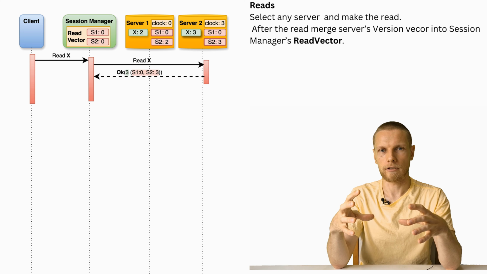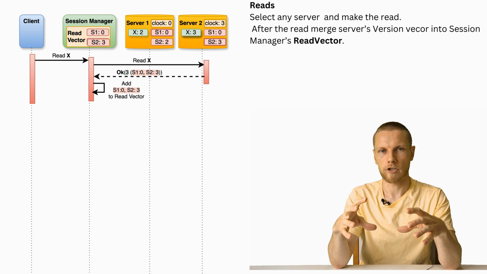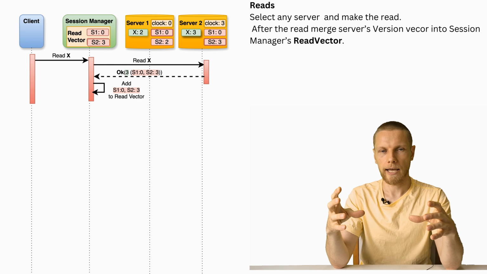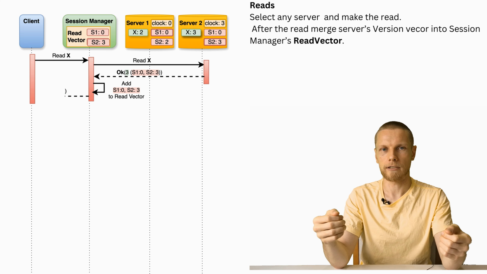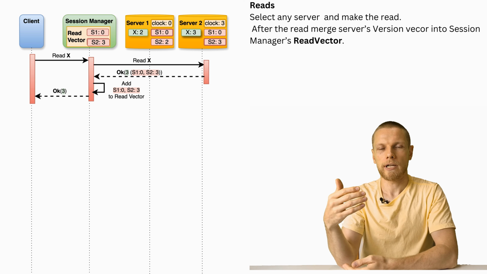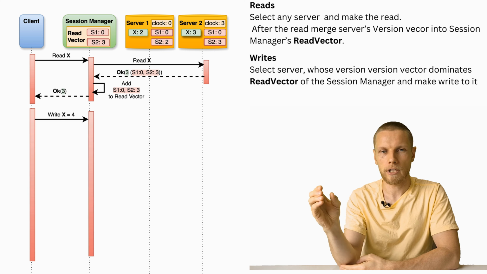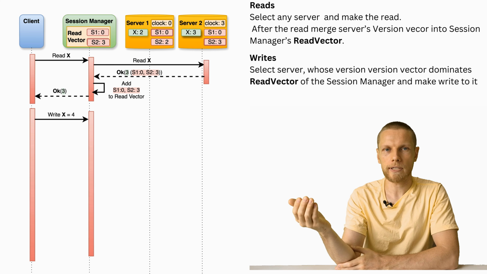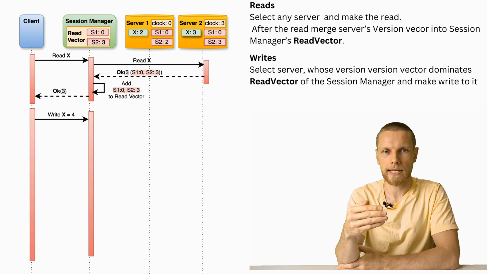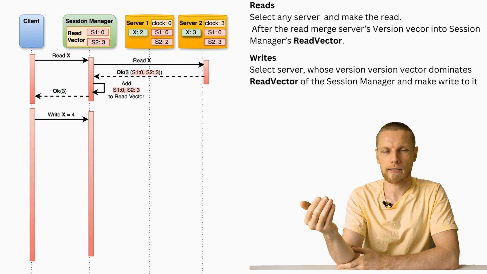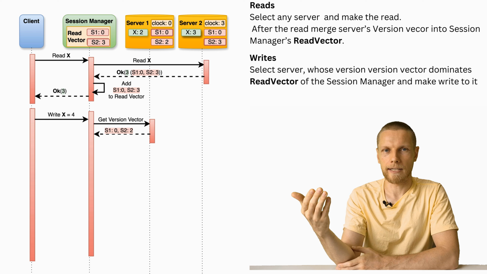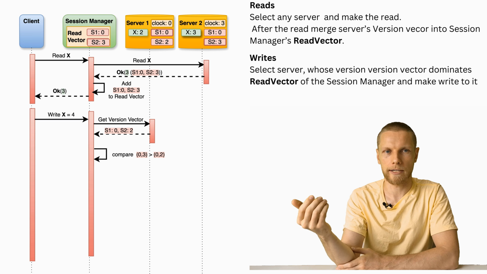This version vector is stored by the session manager in its read vector, and now during the write, the session manager has to ensure that it makes the write to a specific server which has a version vector which dominates its read set. So first it checks if server 1 has the needed version vector, and the response is negative because we know that it's behind by 1 write.